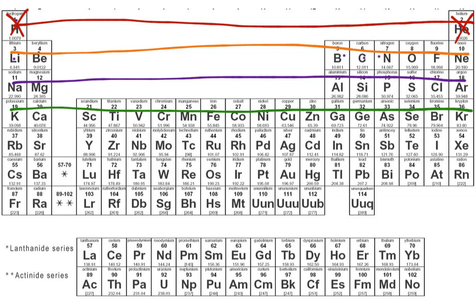It's called an orbital, and I'll show you what I mean by orbital here in just a second. But my first orbital is going to have 2 electrons in it. My second orbital is going to have 8 electrons in it. My third is also going to have 8. My fourth is going to have 18. Okay, so let's go back and look at this.